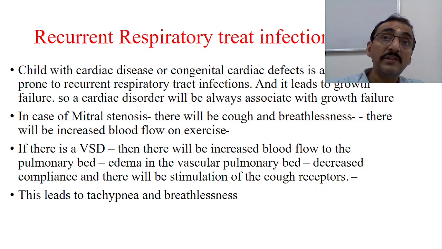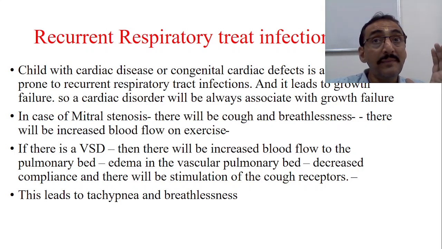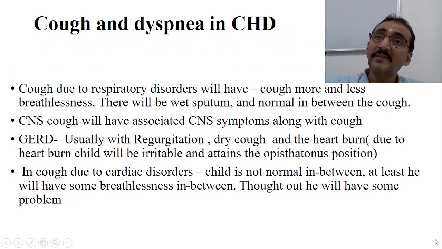So this leads to an increased chance of respiratory tract infection, especially lower respiratory tract infection, not upper respiratory tract. This is the major cause of recurrent respiratory tract infection in a child with congenital cardiac disease. When such things occur very commonly, then definitely there will be growth failure.